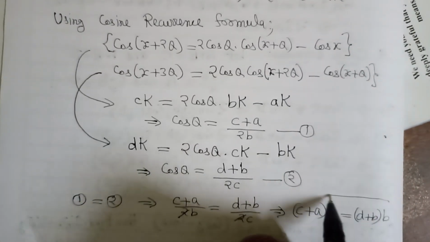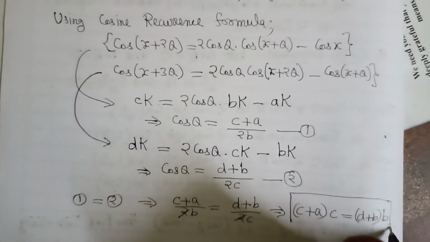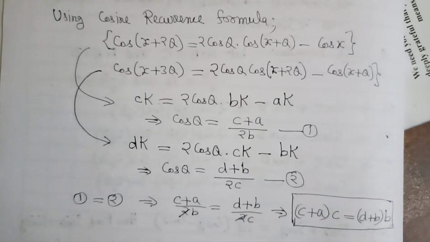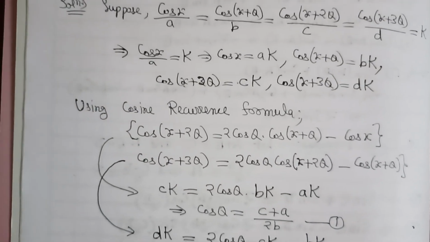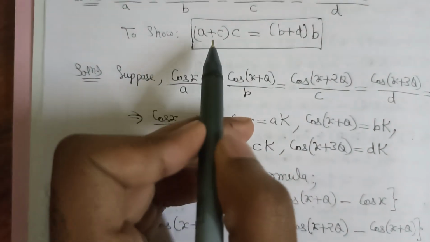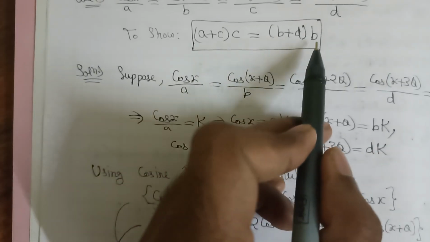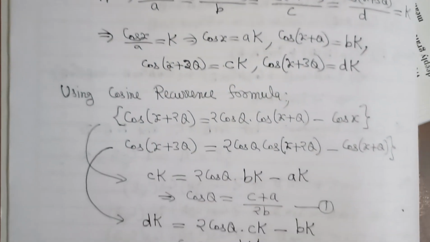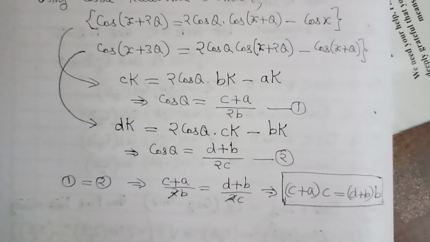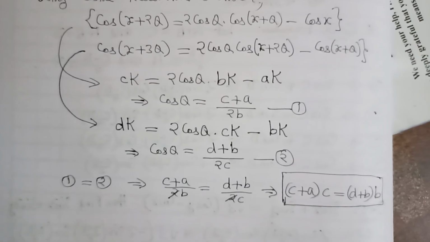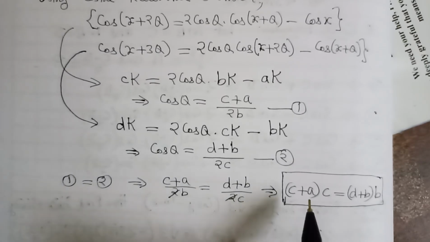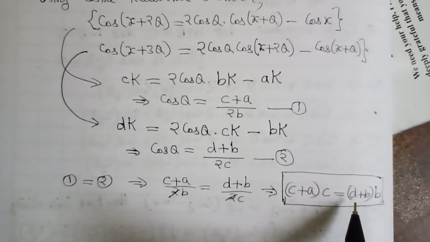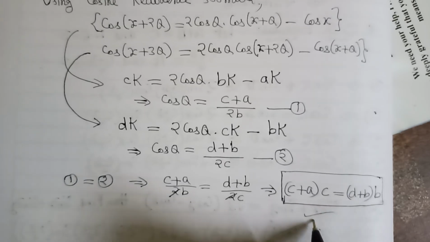So this is the exact value that you need to show, and in question they ask the same thing. Yes, (a plus c) into c equal (b plus d) into b. Yes, we already show. We have already shown. So we have (c plus a) into c equal (d plus b) into b. Hence proved.